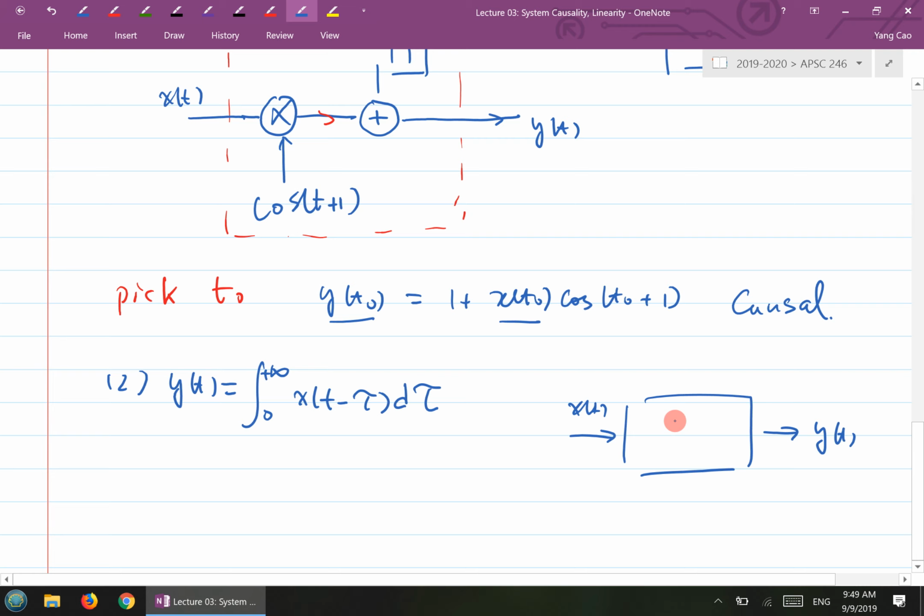What the system does is essentially integrating, from 0 to positive infinity. And what is it integrating? It's integrating x of t minus tau d tau.